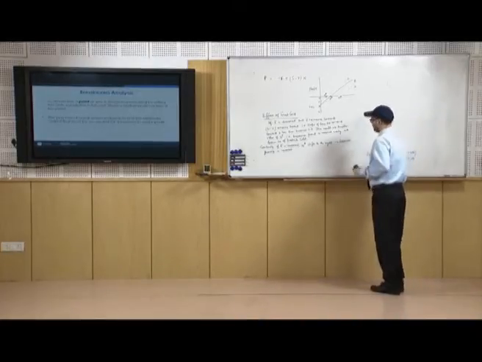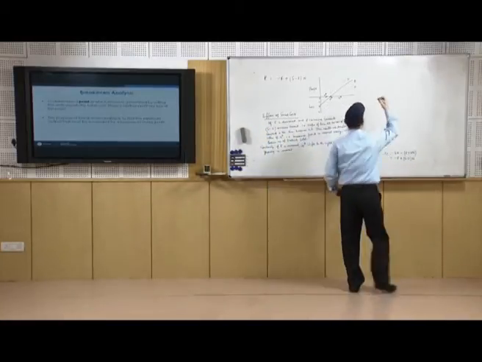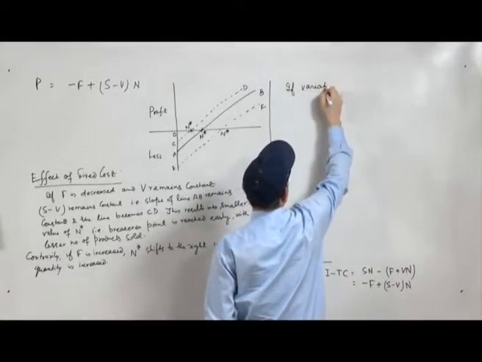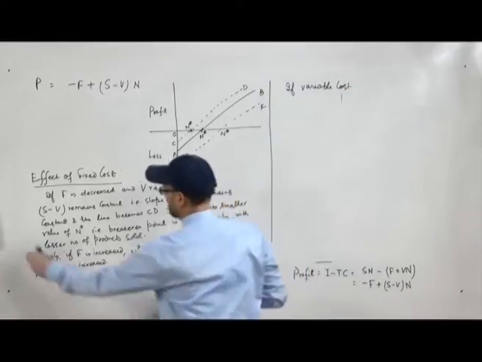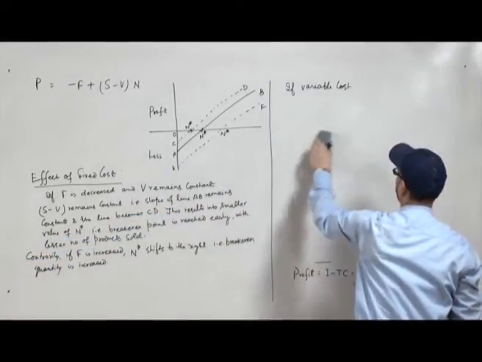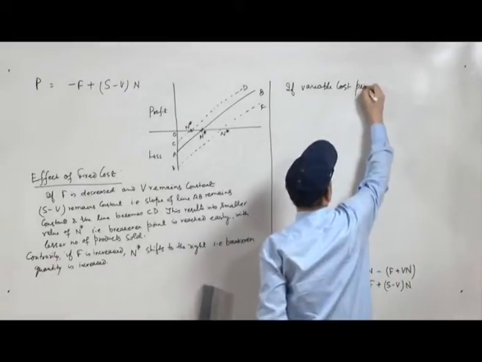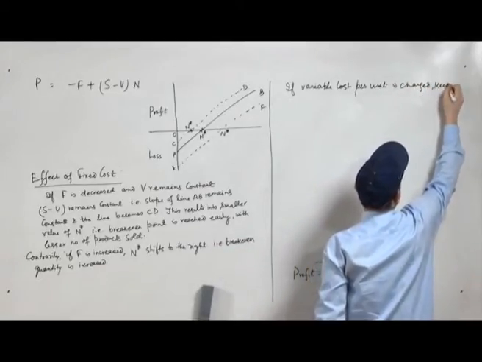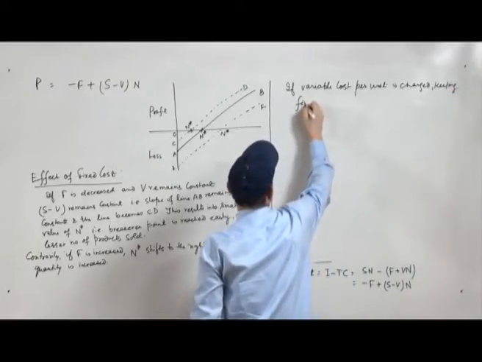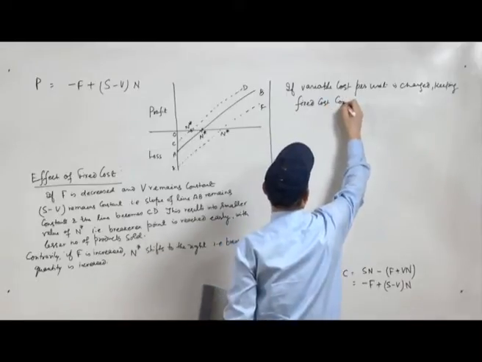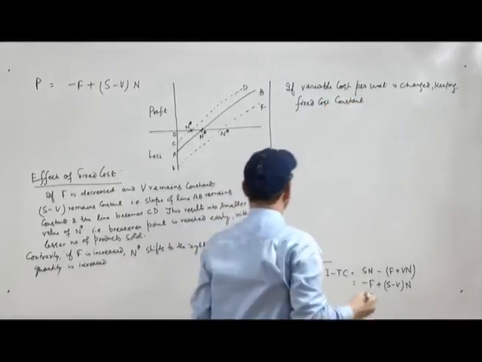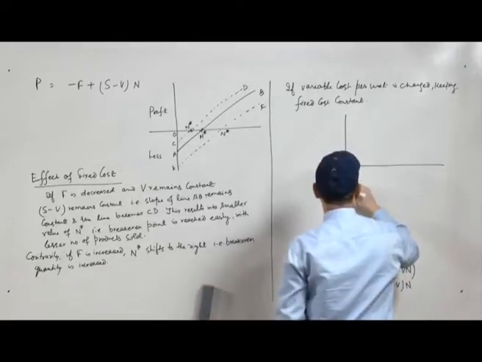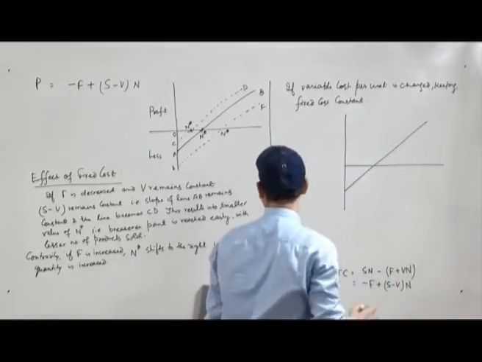So, if variable cost per unit is changed, keeping fixed cost constant, now we will draw the same profit volume function. We had this function.